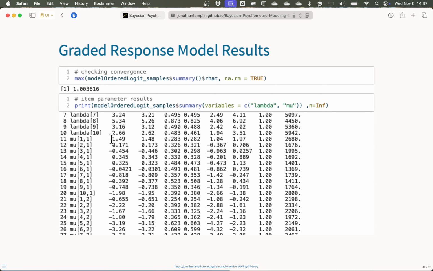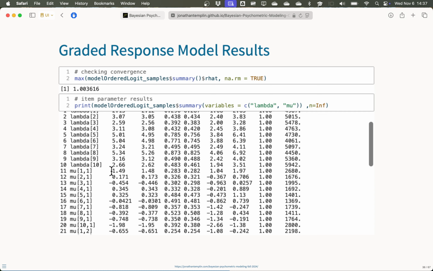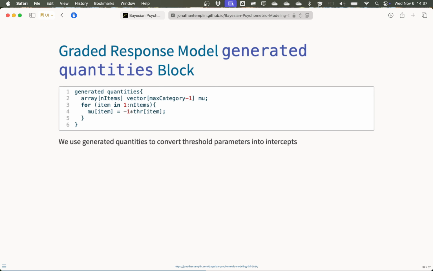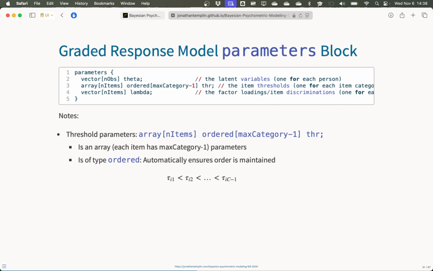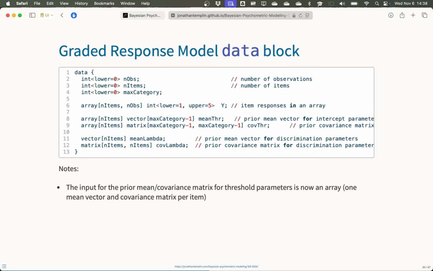And how we interpret these is the following. Remember, if we go back to our submodel here, the intercept right here represents the log odds when theta equals 0. Right? So this is the log odds of the probability that y is greater than or equal to that category.